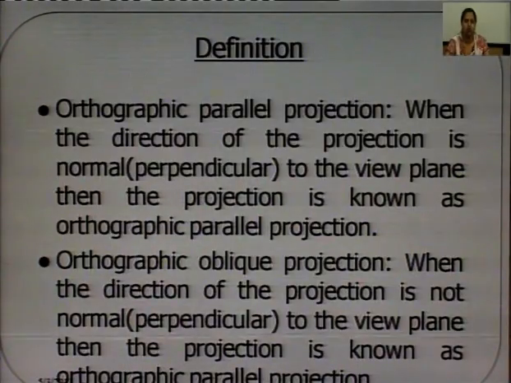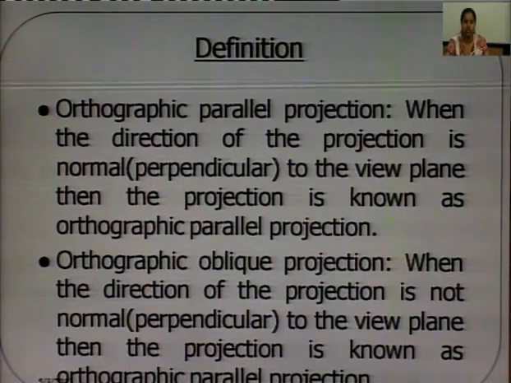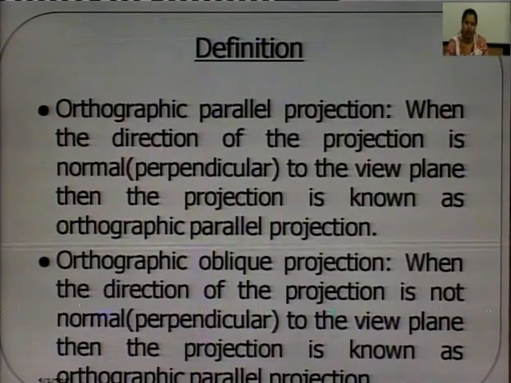Then comes the orthographic parallel projection. When the direction of projection is normal, that is perpendicular to the view plane, then the projection is known as orthographic parallel projection.